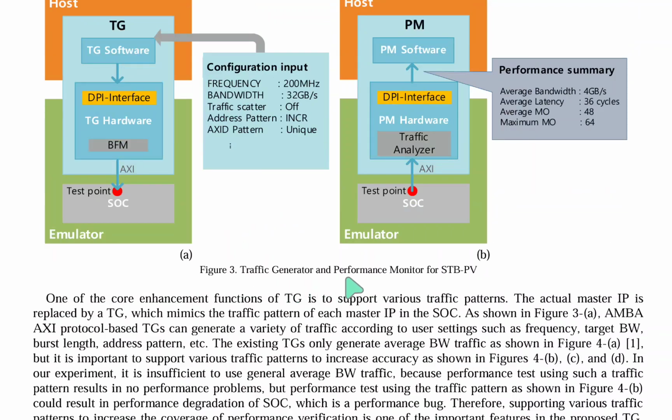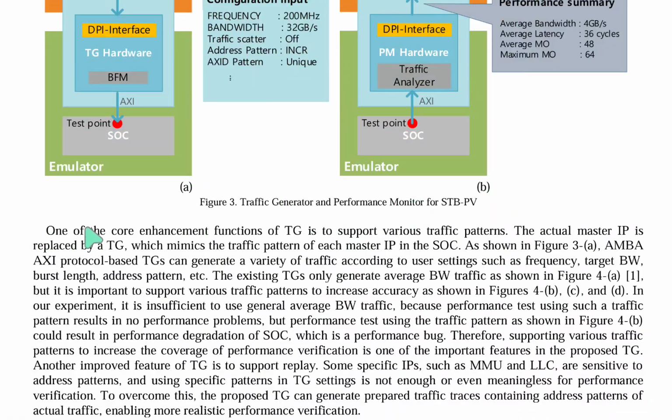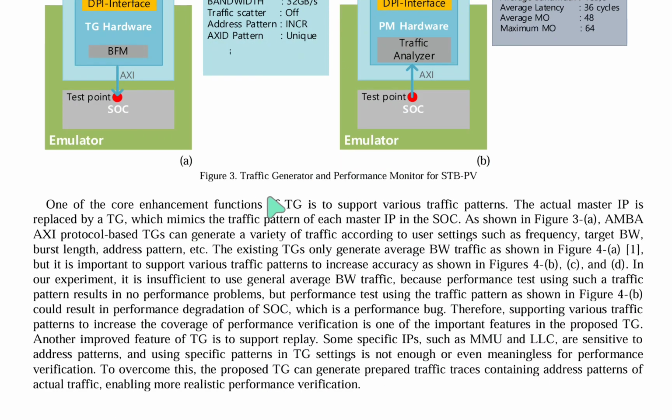Figure 3 is the traffic generator and performance monitor of STB-PB. One of the core enhancement functions of the TG is to support various traffic patterns. The actual master IP is replaced by a TG, which mimics the traffic pattern of each master IP in the SOC.